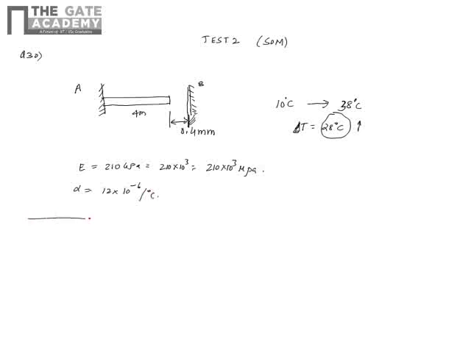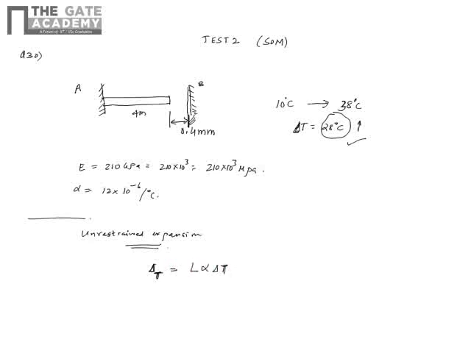Initially, because there's a gap, there is an unrestrained expansion, so let's see how much it can expand purely because of the temperature rise. The change in length due to temperature, which I'm denoting by delta t, is basically L alpha delta t.